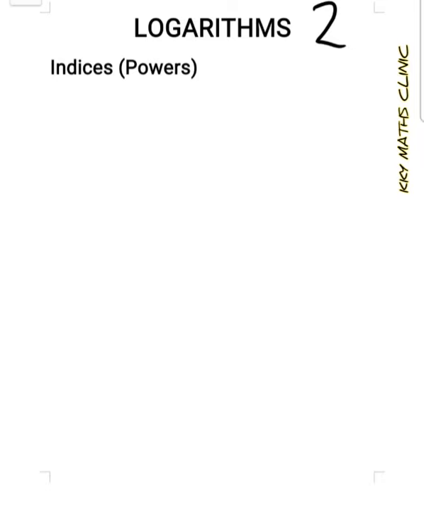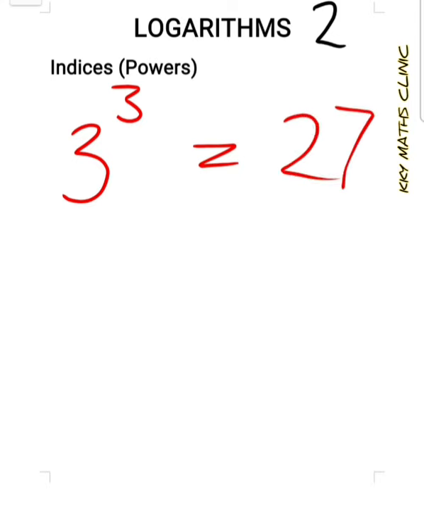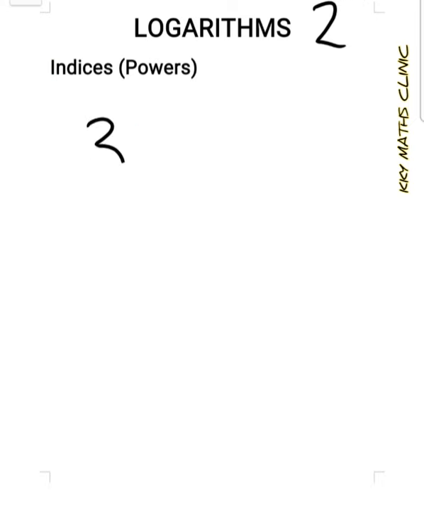We know that 3 raised to the power of 3 is 27.